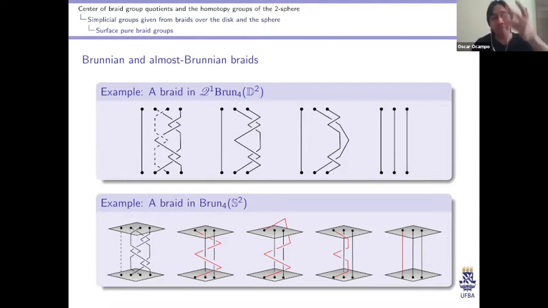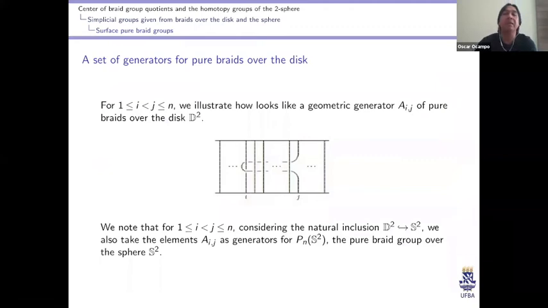We will use these Brunnian and almost Brunnian braids in this talk to establish the isomorphism that we desire. We will use also some geometric generators, the A_ij that I mentioned when I started to establish the main result. These A_ij are the natural geometric generators of pure braid groups over the disk.